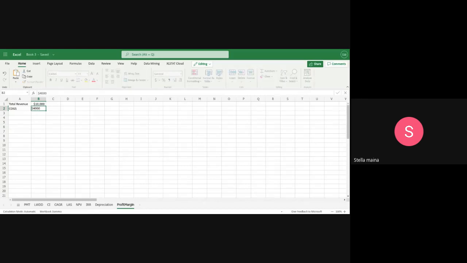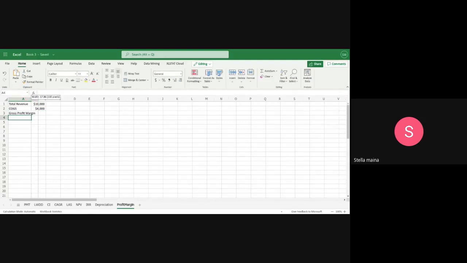To calculate the gross margin, we use the formula of total revenue minus the cost of goods sold, divided by total revenue. So how do we go ahead and do that? We will write here gross profit margin.